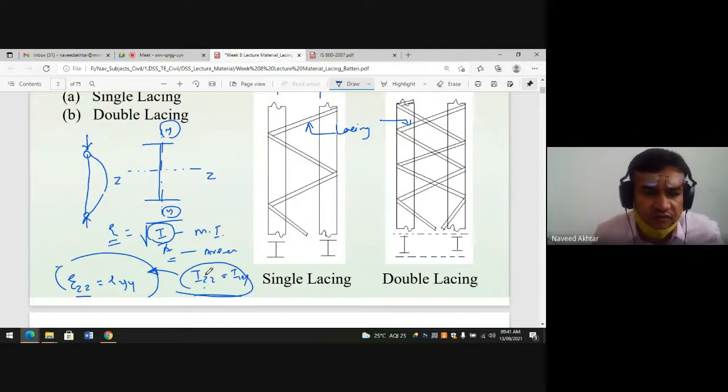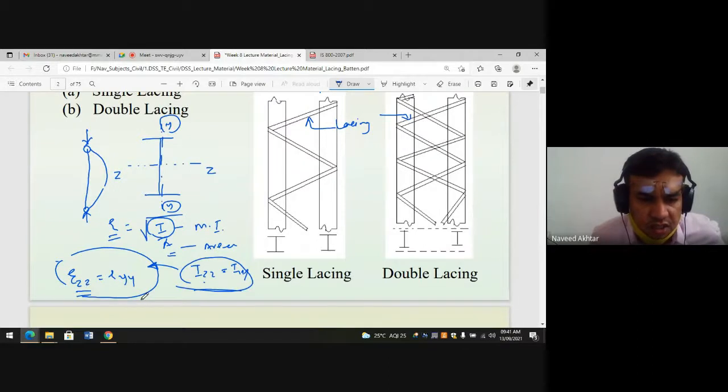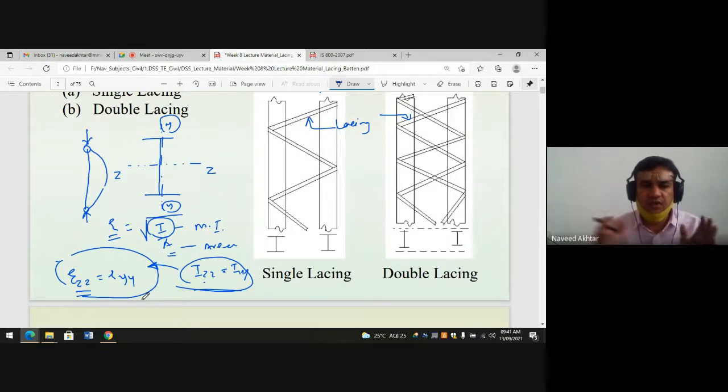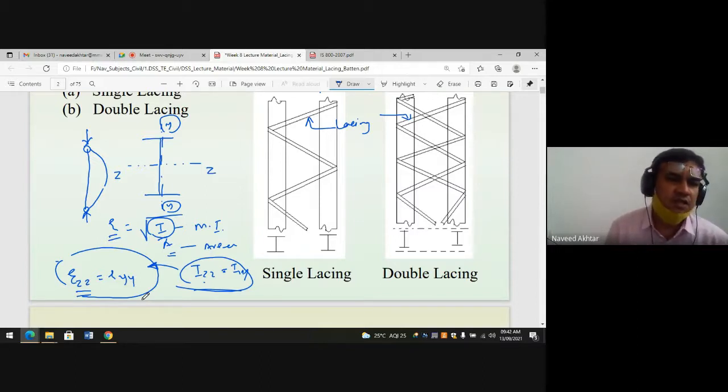We are making them apart such that our radius of gyration about the y-axis and z-axis will be the same. It means the slenderness about those axes will be the same, and we are strengthening the weaker axis, which in a single section is always the minor axis.